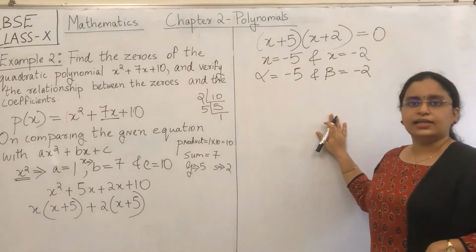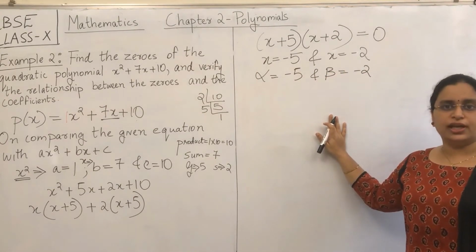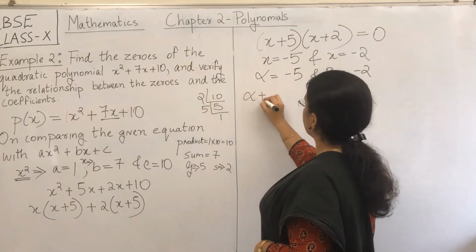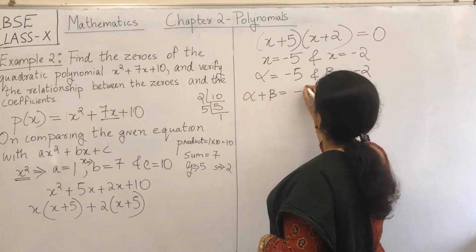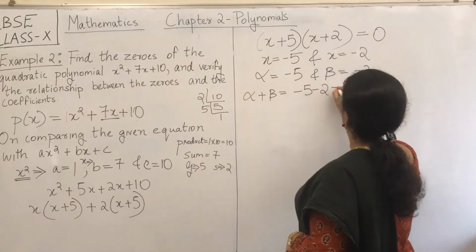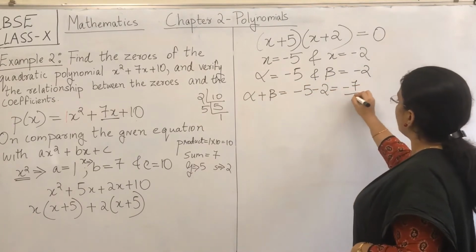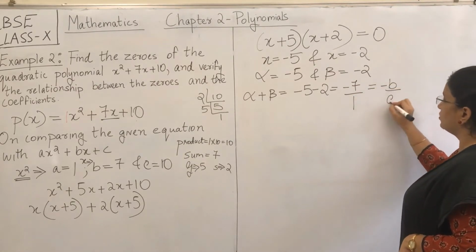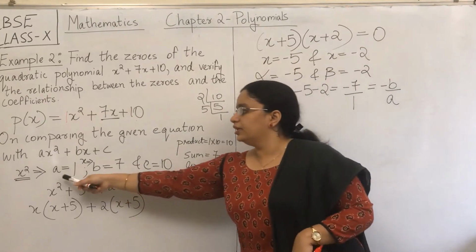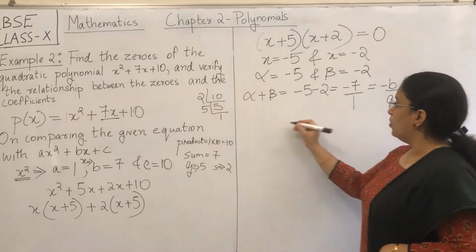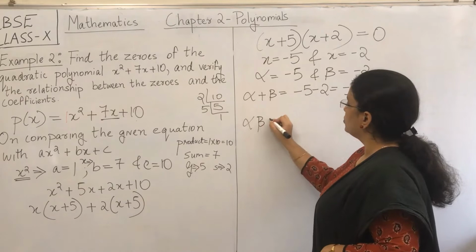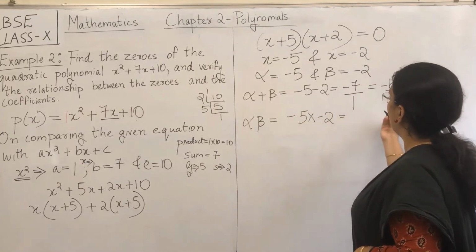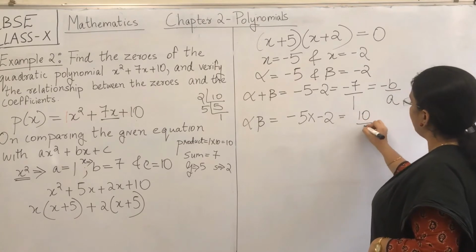Now we can state the relationship between the coefficients and the zeros. Firstly alpha plus beta is equal to minus 5 minus 2 equal minus 7 by 1, which is equal to minus b by a, right? Here b and here a. Now alpha into beta is equal to minus 5 into minus 2, which is equal to 10 by 1.